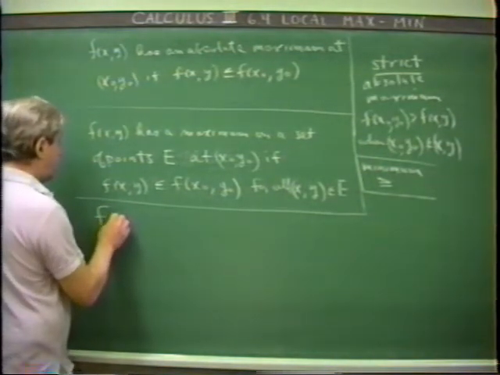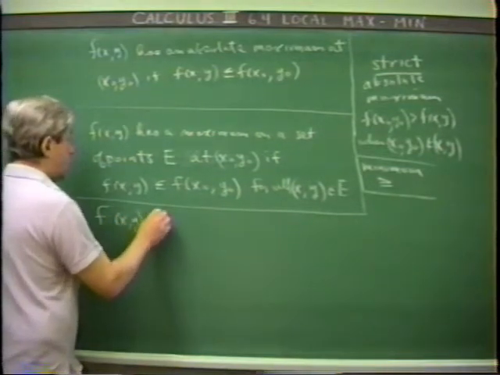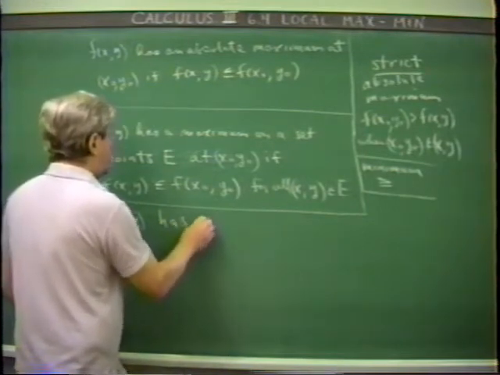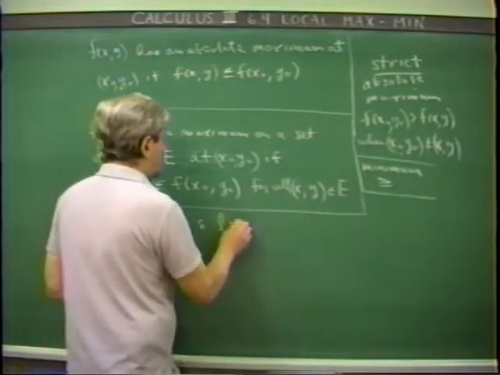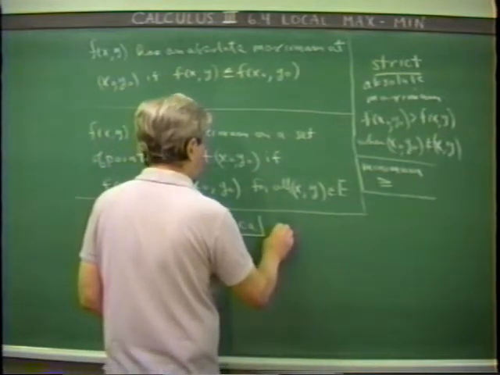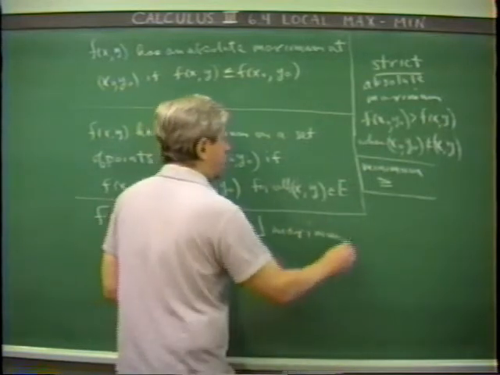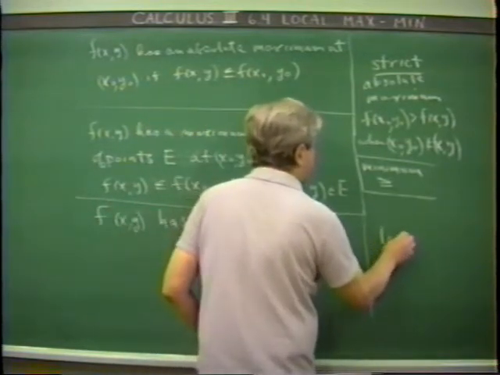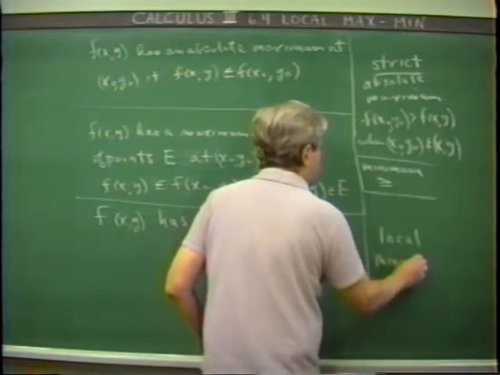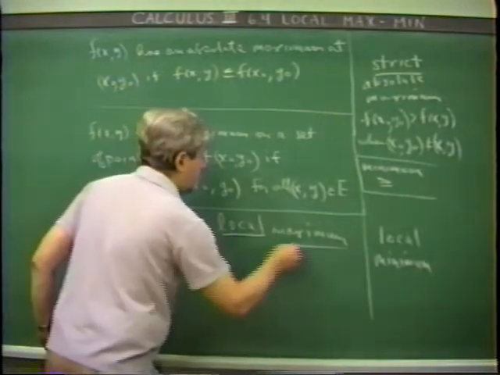We want to talk about what's called a local maximum, a local minimum. f of x and y has a local maximum, and local minimum is similar. It's the opposite, actually.